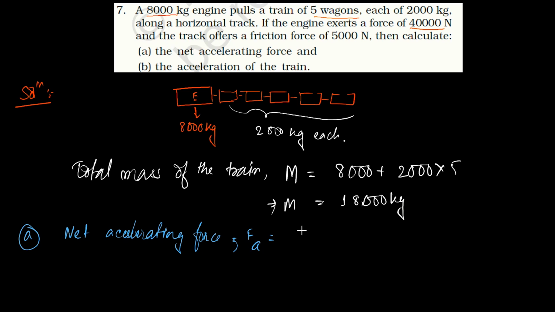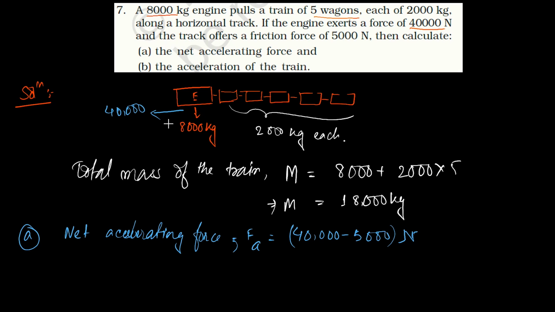That force will be equal to 40,000 minus 5,000 Newton. Whenever the engine applies force in this direction, that is 40,000. Since this force is acting here, there will be one backward force.